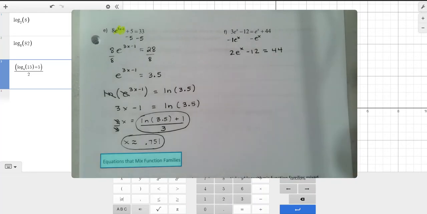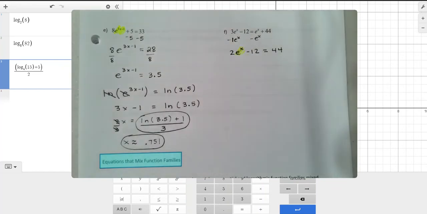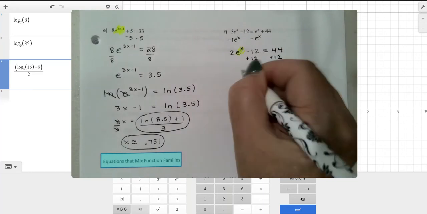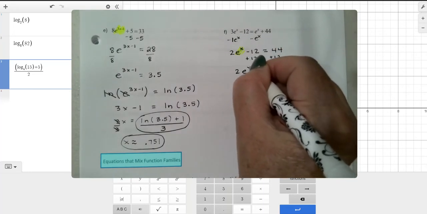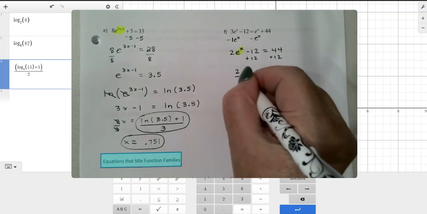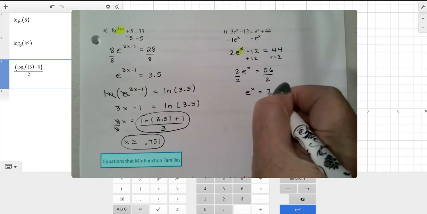I want to get the e to the x by itself, right? My exponential this time is relatively simple. It's just e to the x. So to get that by itself, I'm going to add 12. 2 e to the x equals 56. And divide by 2. e to the x equals 28.